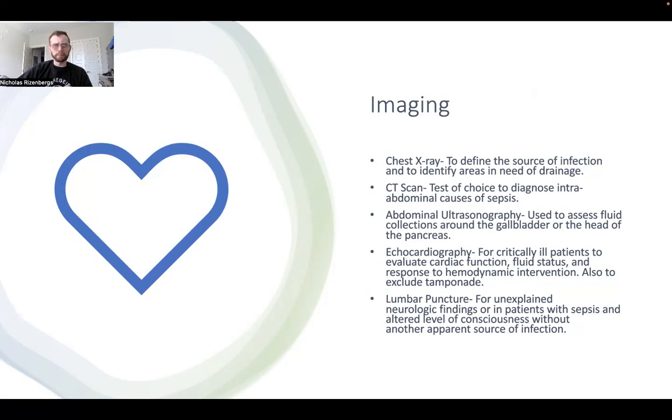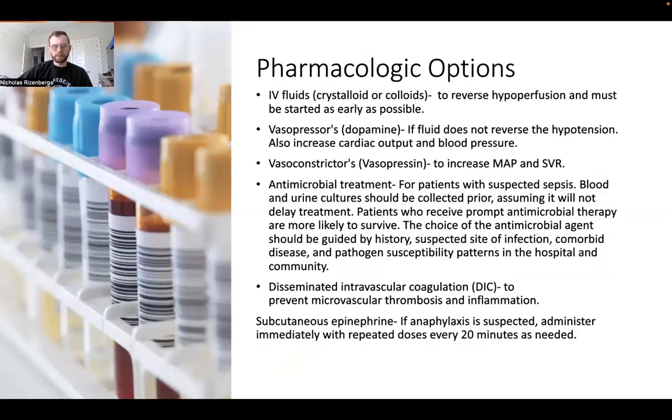Lumbar puncture for unexplained neurologic findings or in patients with sepsis or altered level of consciousness without another apparent source of infection. So that's going to go for both the septic and the neurogenic one. So pharmacologic options, with a lot of them, the IV fluids, crystalloids, or colloids to reverse hypoperfusion and must be started as early as possible.